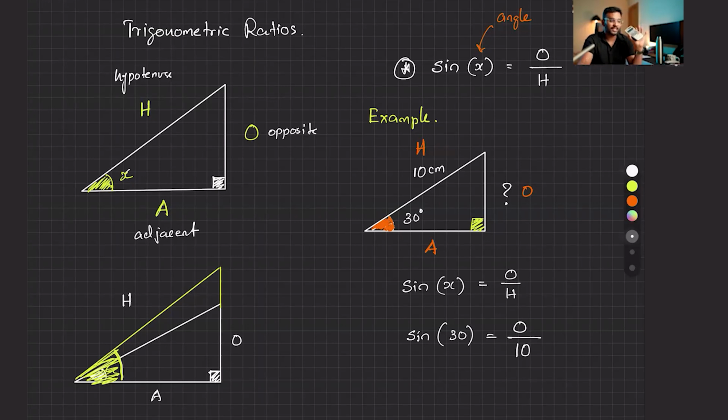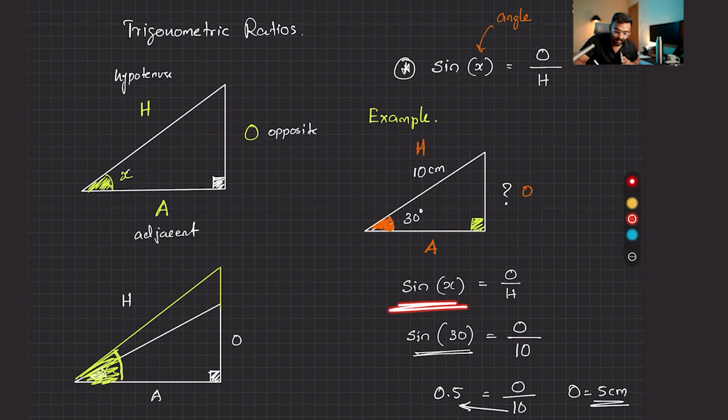Sine 30 is 0.5. So once you put it in the calculator, it gives you 0.5 equals O by 10. All you need to do is cross multiply. So the opposite side is 5 centimeter. Done. That's it. So sine of whatever the angle is, you type it into your calculator. Is that okay, everyone? Was that too hard?